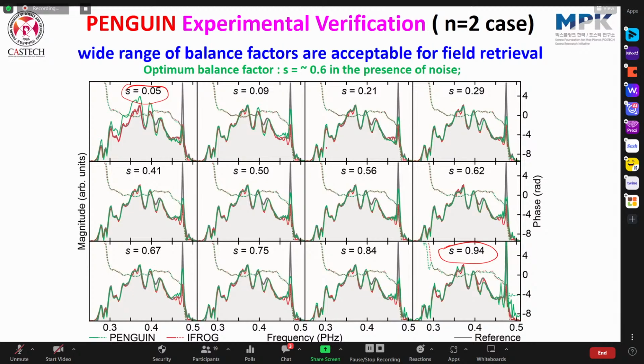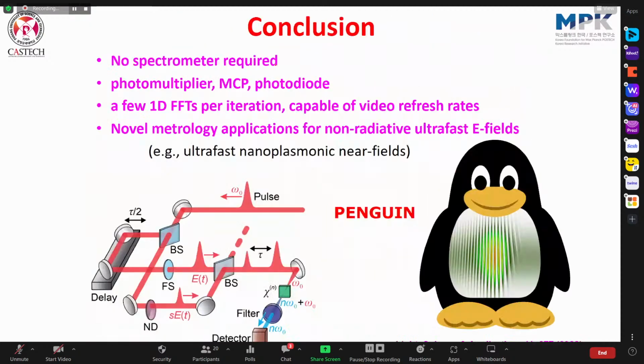The red one is the IFROG measurement, and the green one is the penguin method for each S value. So basically the penguin method works for any S value, except 1. Considering the noise issue, we recommend an S value of around 0.6 for the best performance. Okay, so I'd like to conclude my talk.